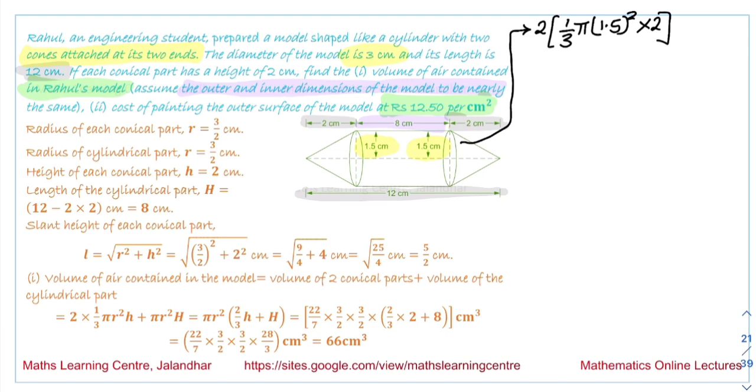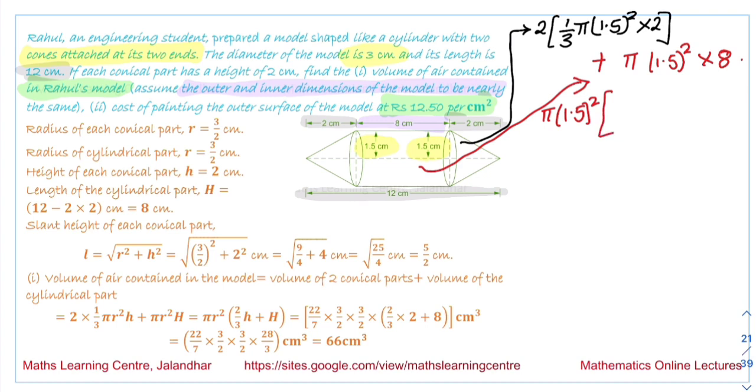Next we are saying there is a cylinder, and the volume of this cylinder is pi r square h. So it is pi, radius of this cylinder is 1.5 square, and height for this cylinder is 8. So if we take pi r square common, we will get pi into 1.5 square common.